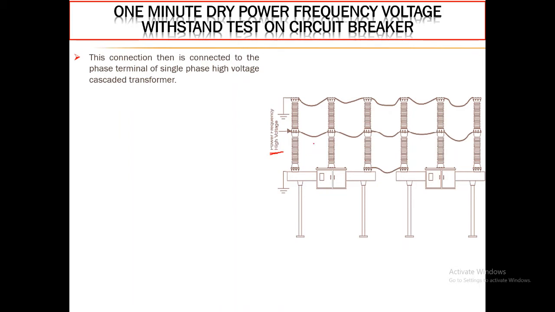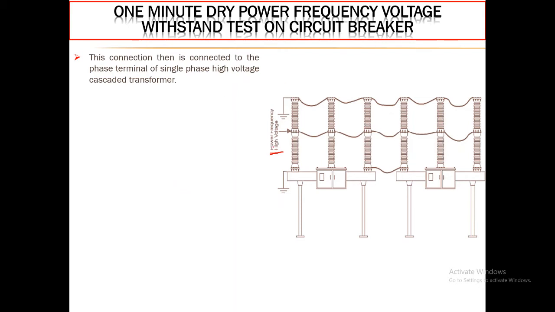If you consider the basic circuitry for this power frequency over voltage test, initially you find the voltage regulator to boost up the voltage to the primary of the transformer to obtain the rated test voltage level. After the control panel, there is a cascaded transformer, and by using that cascaded transformer we can produce the required test voltage level.